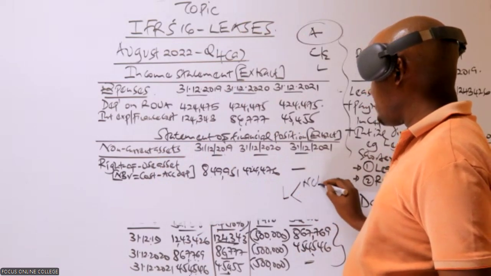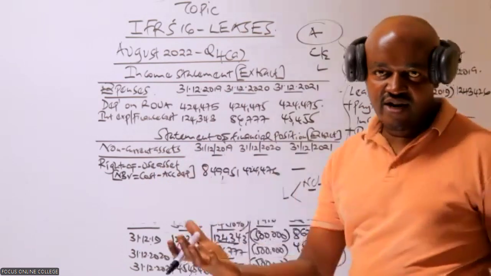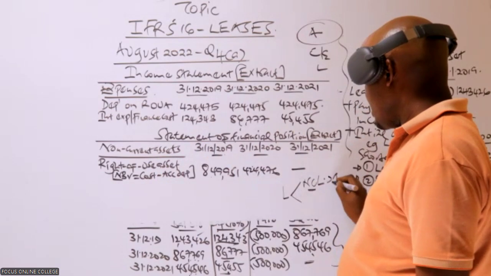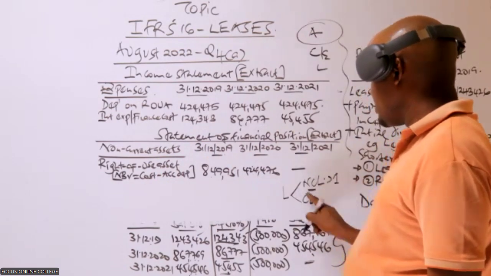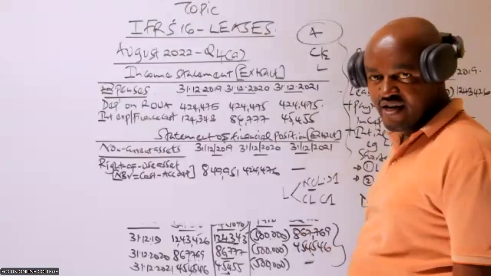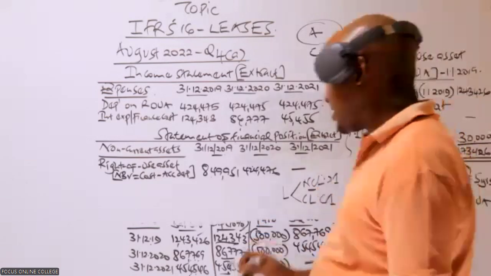We have non-current liability, which is a liability payable for a period exceeding 1 year. And then we have the current liability, which is an amount payable for a period of less than 1 year. So this lease liability, we split it into 2, into non-current and current.